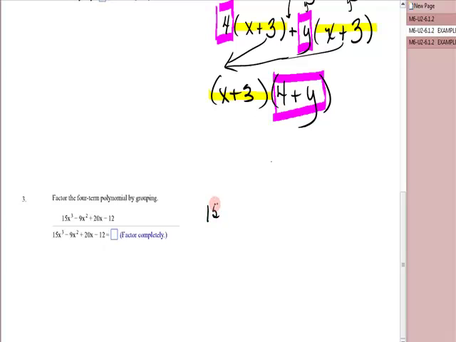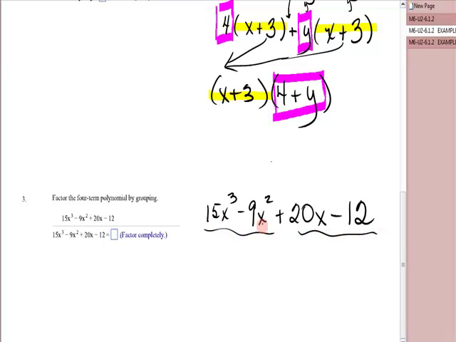I have 15x to the third minus 9x squared plus 20x minus 12. There's not a common factor to all of them. So, since there are 4 terms, I'll break it into 2 groups of 2. In the first group, what's in common?